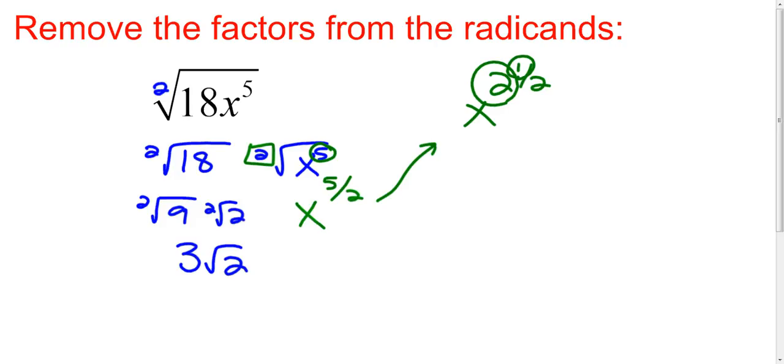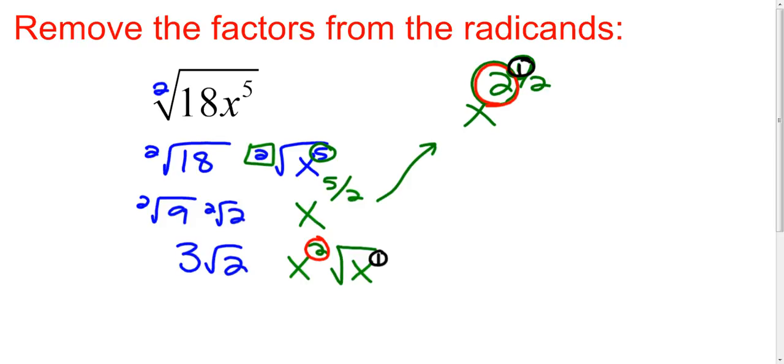Okay, so this is what I have. I have x squared and then the square root of x. Okay, again, I got this number from here. It became x squared. And I got this number, which is a 1, from this one right there. Okay, so that's how I got those.